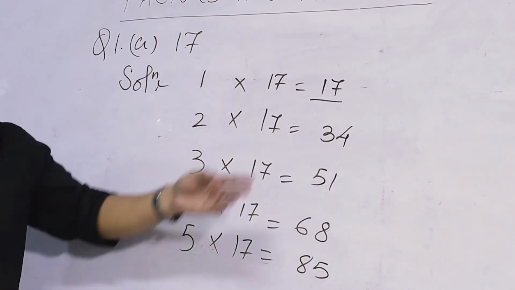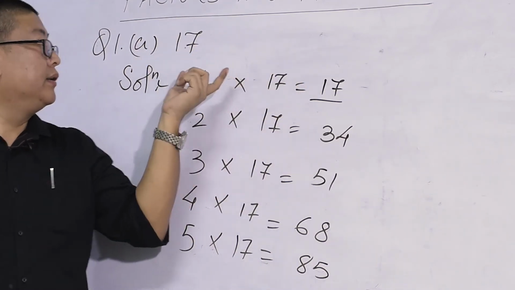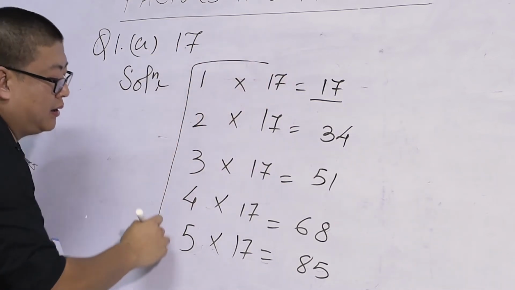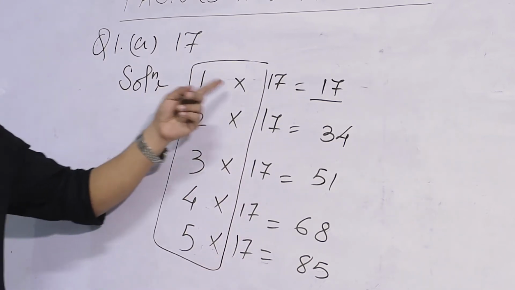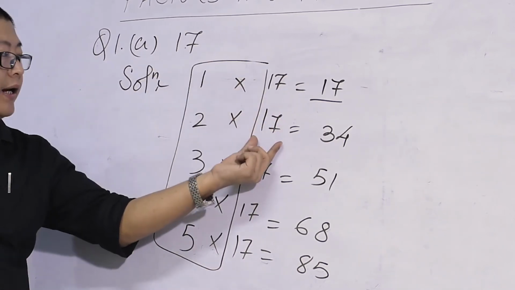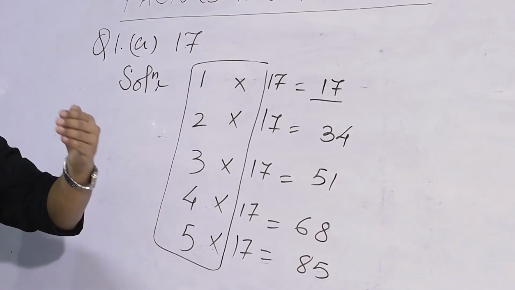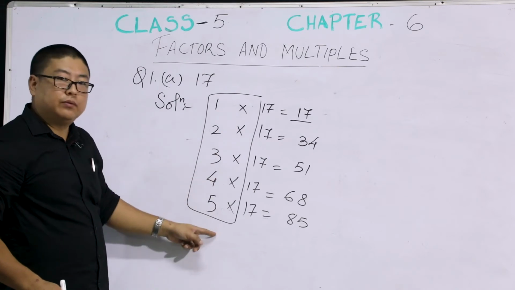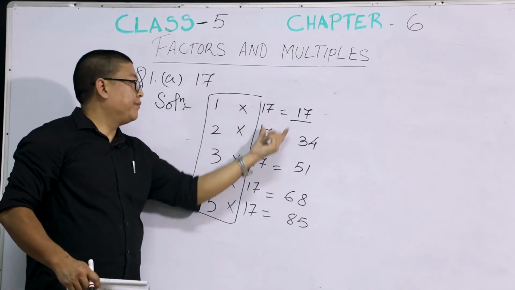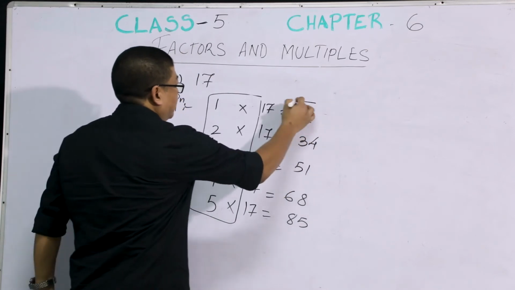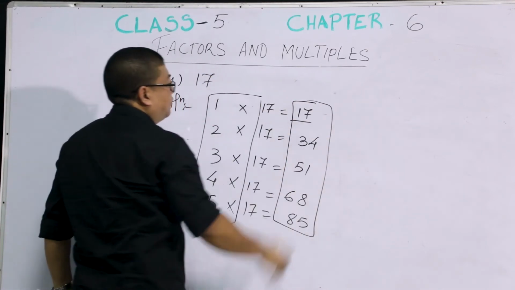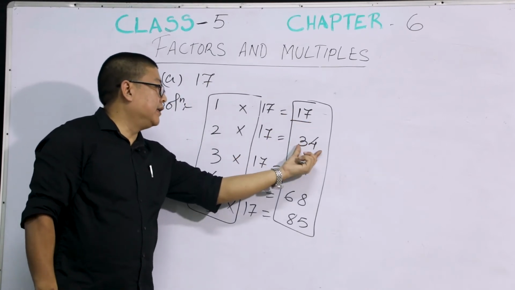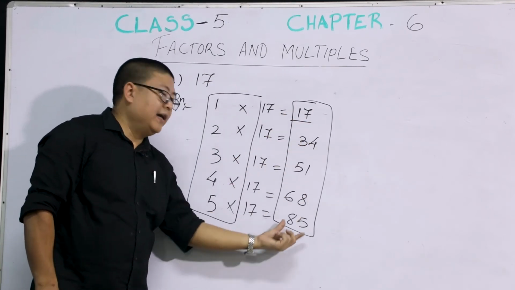To find this answer, you simply have to know this part. If this is 18, you write 18 here. But to find the first 5, remember 1, 2, 3, 4, 5 into the number that is asked, okay? So these are your multiples. This is the answer for the first question. The multiples of 17 are 17, 34, 51, 68, 85.